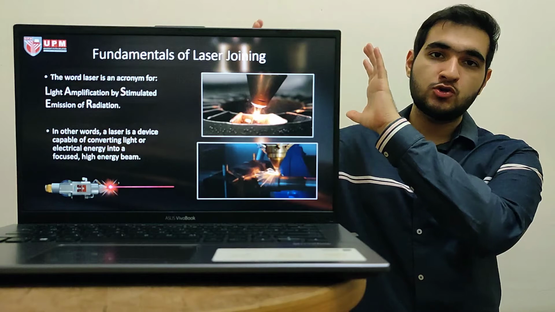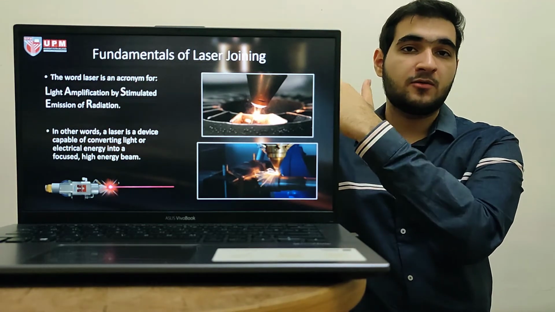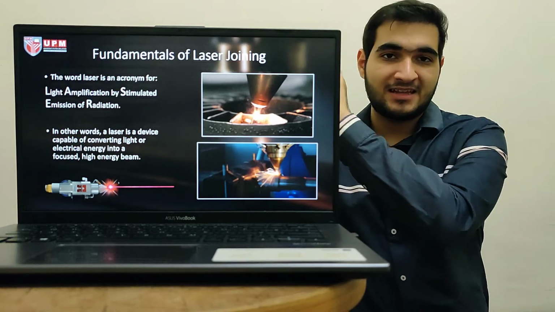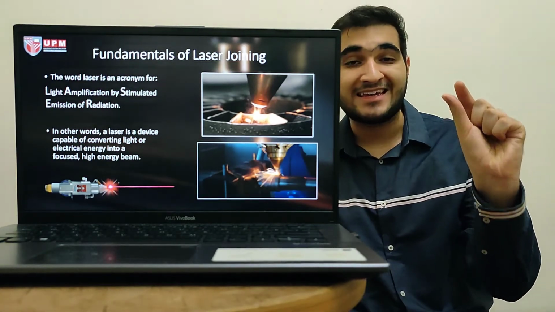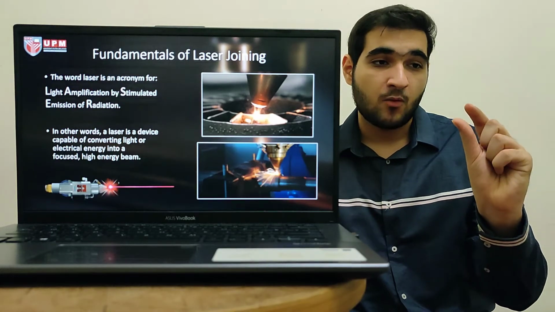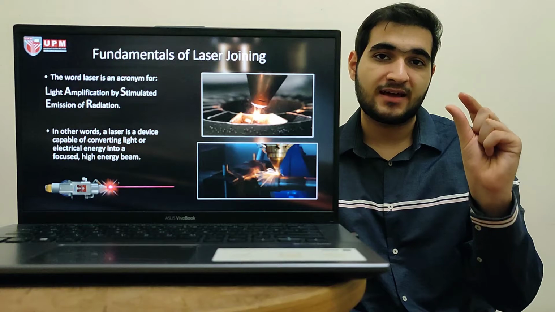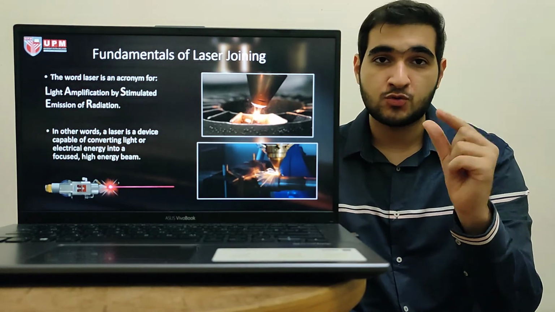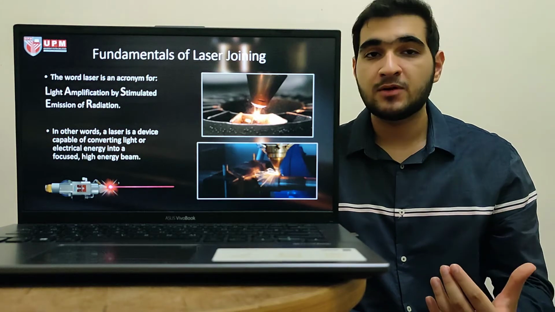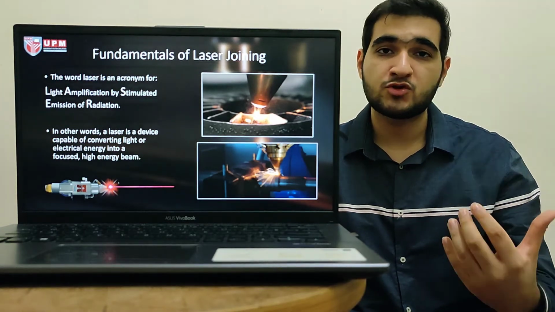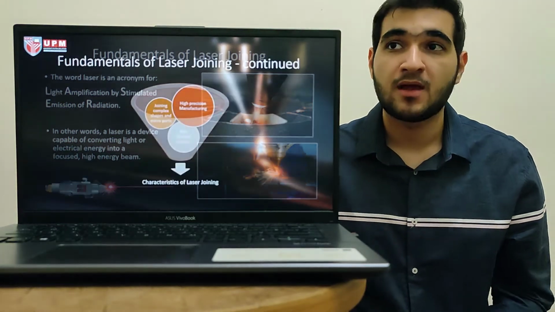We have a huge power source, which is light, and the entire concept of lasers is that we focus that amount of light into one specific heat affected zone, which is full of energy and heat. When we point that small spot at any material, we can see that it changes the physical and chemical properties of that material, which is basically the main concept of lasers.